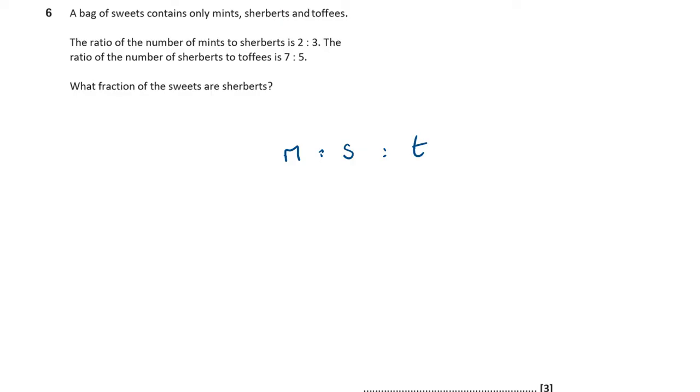Now we've been given the ratio of mints to sherbets of 2 to 3. So that means I can write those under here. Look. So the ratio of mints to sherbets is 2 to 3. And we also know that the ratio of sherbets to toffee is 7 to 5. So I can write that under the sherbets and toffees column.